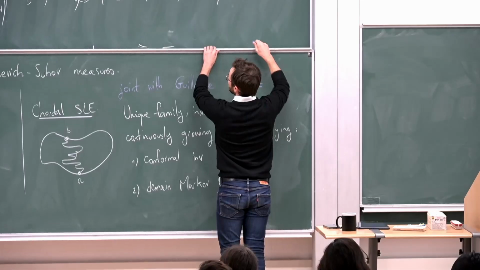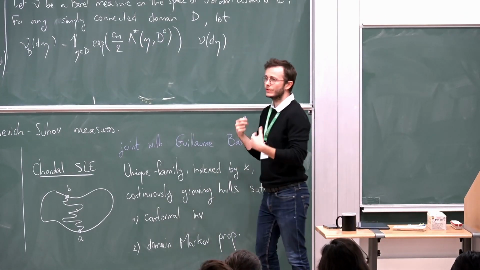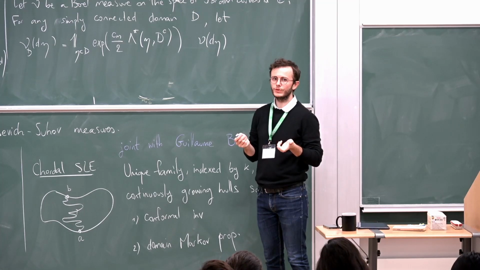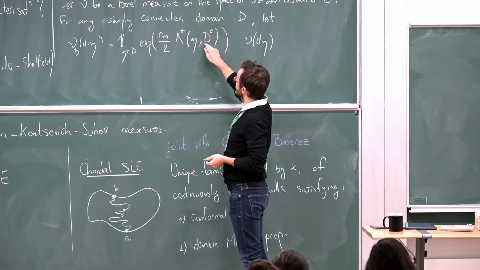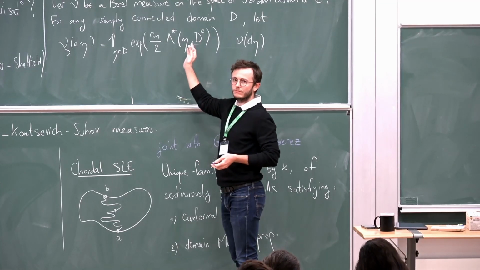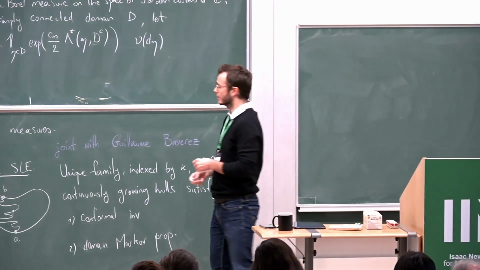I don't think I want to define this lambda star. This lambda star is a renormalized Brownian loop soup measure of loops that intersect the complementary of D and eta. So you don't really need to know what this is for this talk.